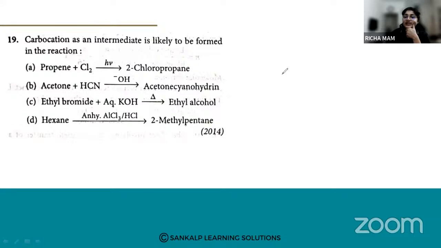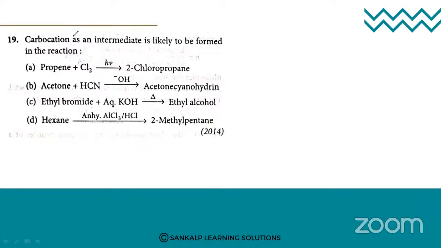In which of the reactions is carbocation formed as an intermediate, an in-between product? These are the four options. A, propene reacted with Cl2 in the presence of UV light to give 2-chloropropane. B, acetone plus HCN, hydrogen cyanide, in the presence of OH minus ions to give acetone cyanohydrin. C, ethyl bromide plus aqueous KOH, potassium hydroxide; when you heat this mixture you get ethyl alcohol.